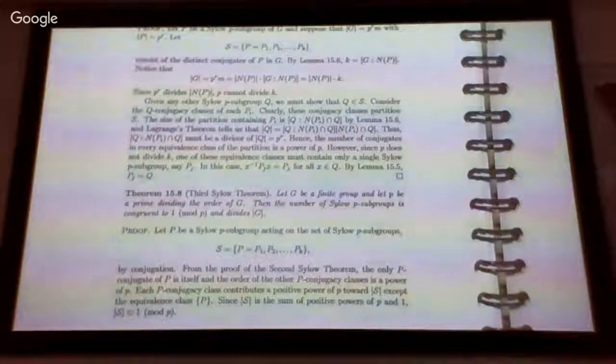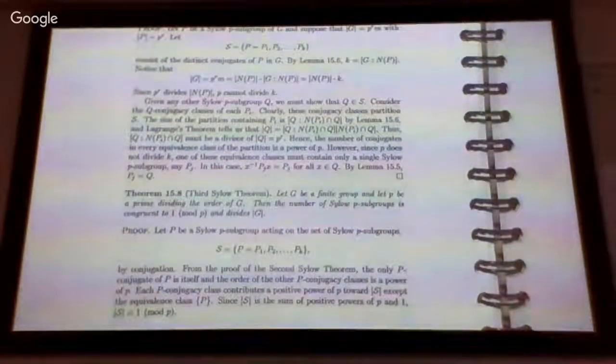We then defined Sylow P subgroup. H is a Sylow P subgroup. That meant H is a P subgroup, so it consists of elements whose order is a power of the prime P, and also H is maximal. Now, maximal, as Jan pointed out to me, clarified.